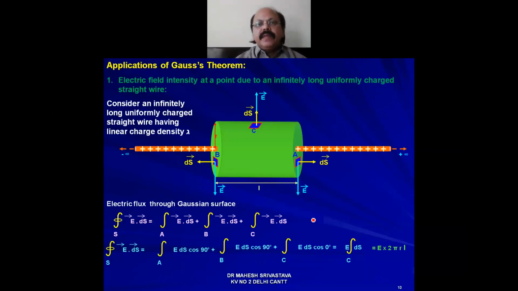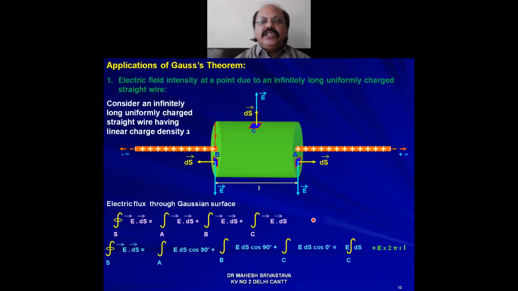Then find out the charge enclosed by the Gaussian surface. After that you apply Gauss's theorem. If you remember these steps, then you will never forget the derivation of applications of Gauss's theorem. So the first application we are starting: electric field intensity at a point due to an infinitely long uniformly charged straight wire.